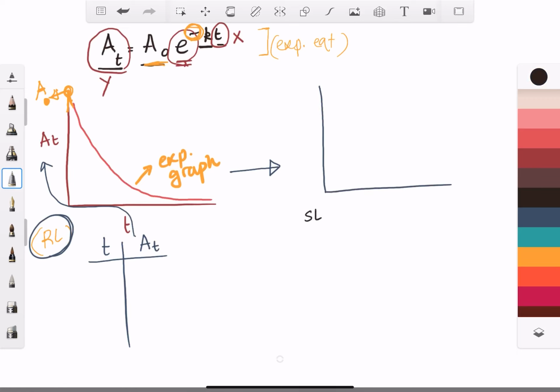Okay. So this is a semilog graph. I'm just changing the scale of the axes, or I'm changing the graph or the paper I'm drawing on. So this is a semilog graph. We have here A at a certain time versus time. So the scale of this axis changes to the log scale.